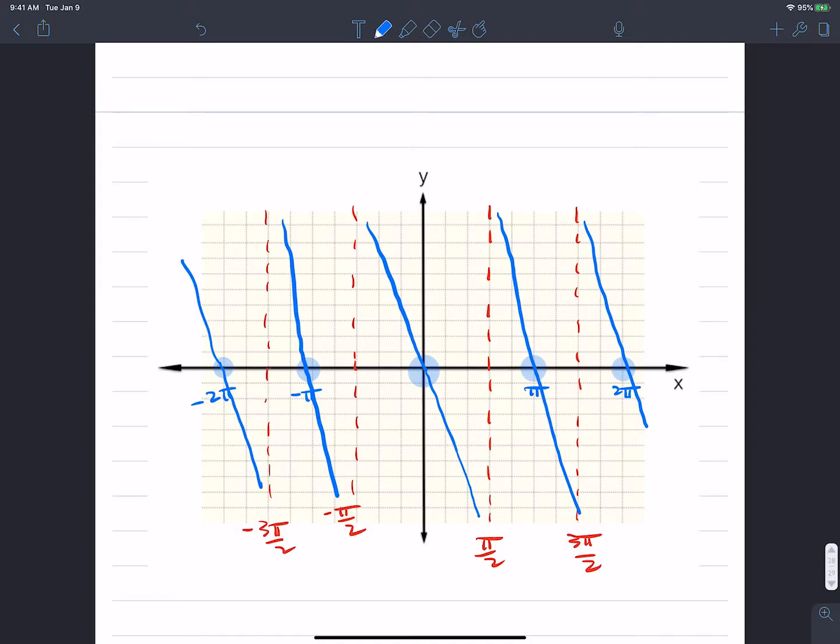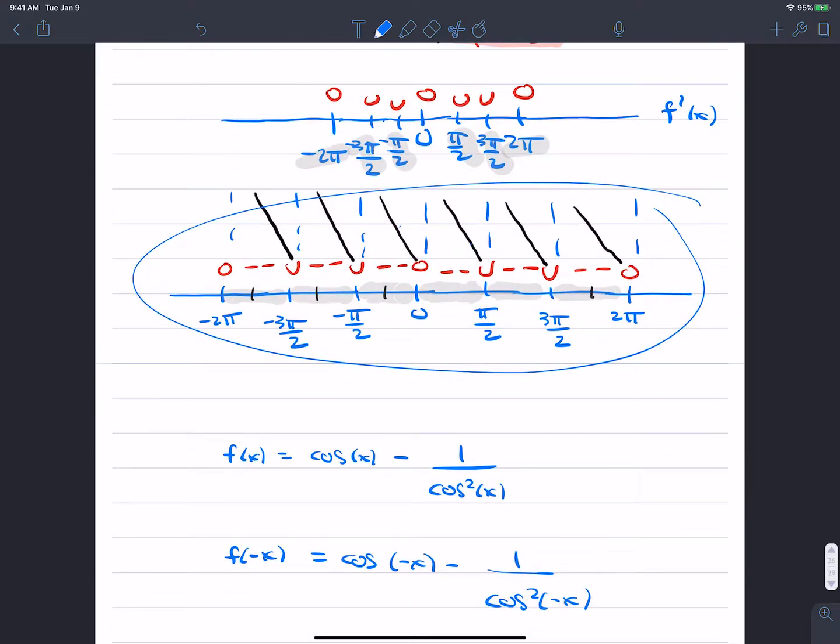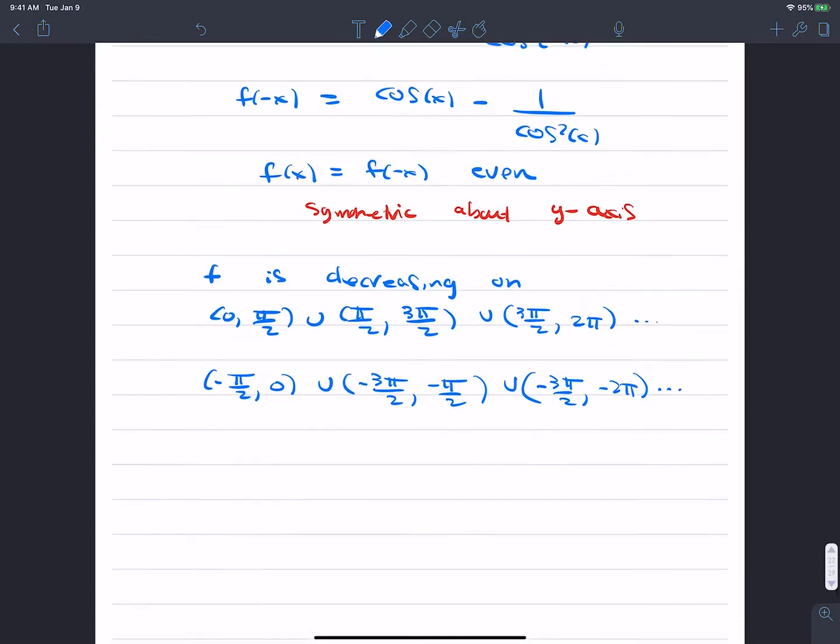This is essentially what the curve looks like. And you say, how do I know? Because we're looking up here at the analysis, and we didn't answer this question, but we will.